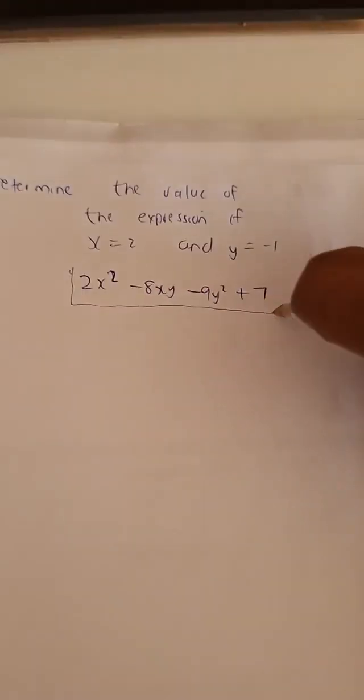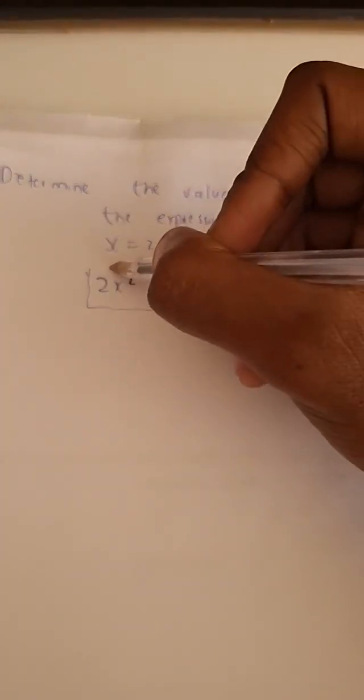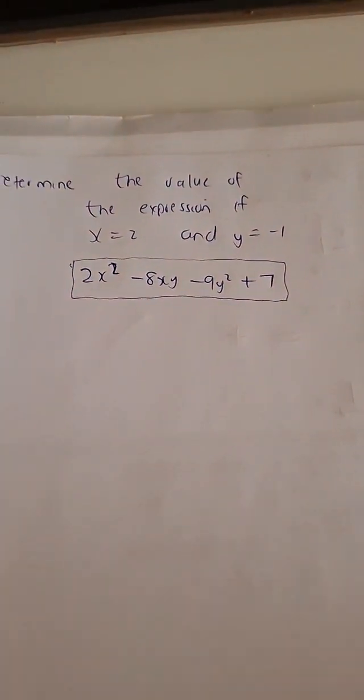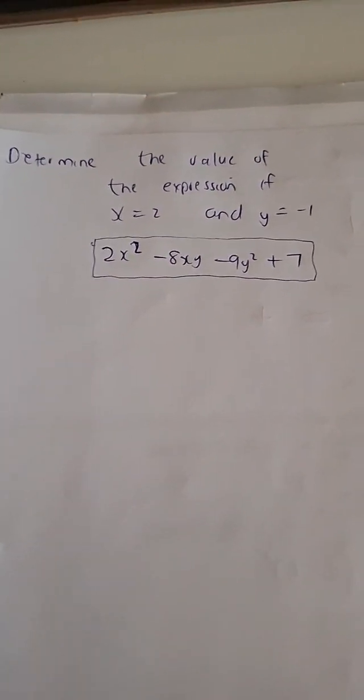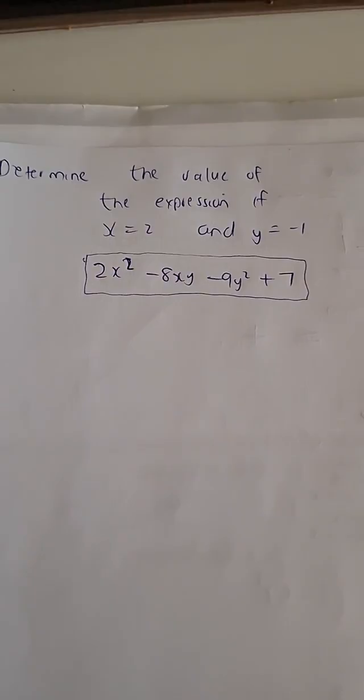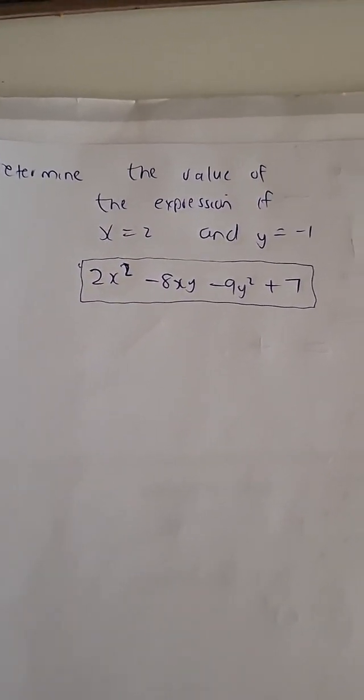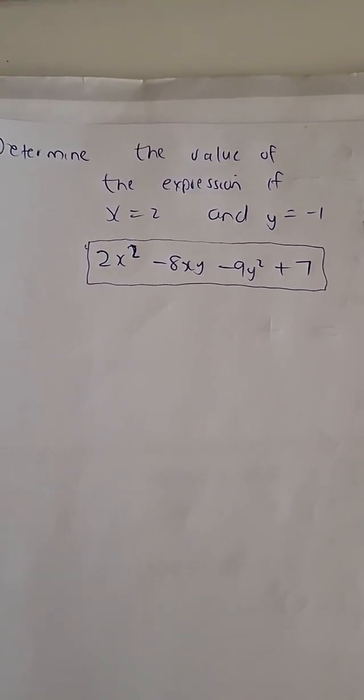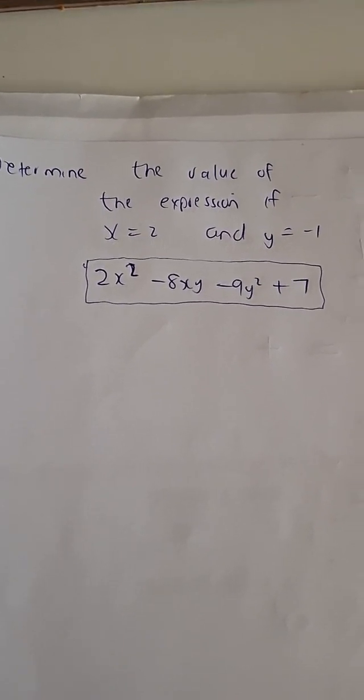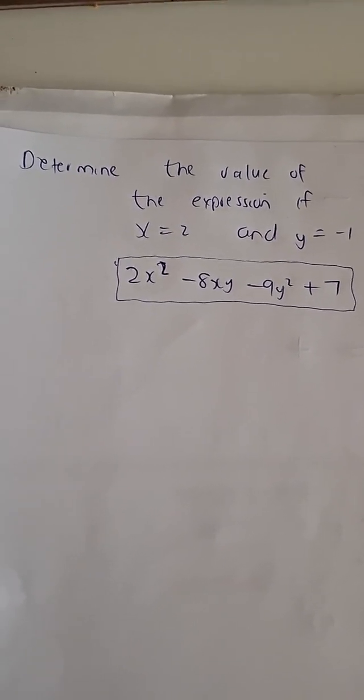Right, so this is just also another question that I'm sure is not new. Someone want to tell us in the comment section, what would we do to find the value of the expression if we are told x is equal to 2 and y is equal to negative 1? What would we have to do to answer this question?